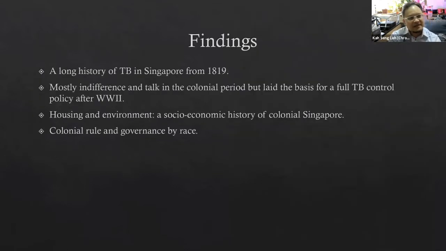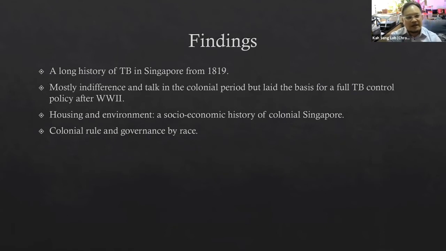So I basically will break up the history of tuberculosis in colonial Singapore before the Second World War into two periods. These are two periods that you're all familiar with. One would be the period where Singapore was ruled from India, from 1819 till 1867. And the other one would be after 1867, when we are directly ruled from the Colonial Office.